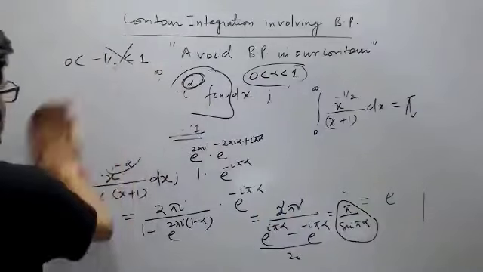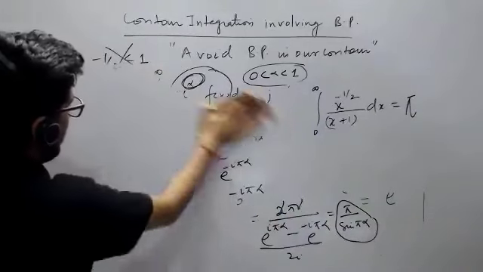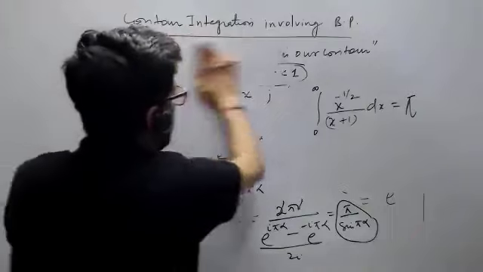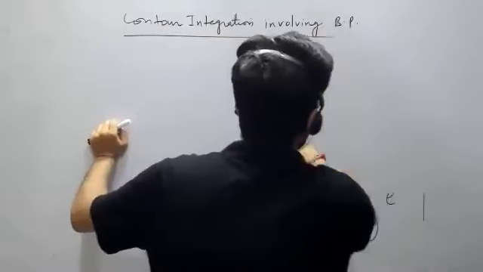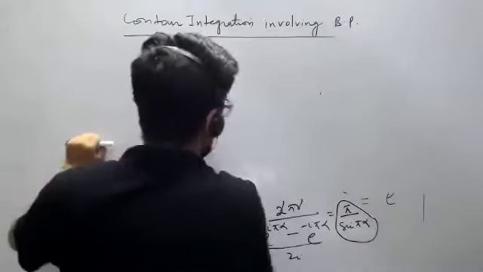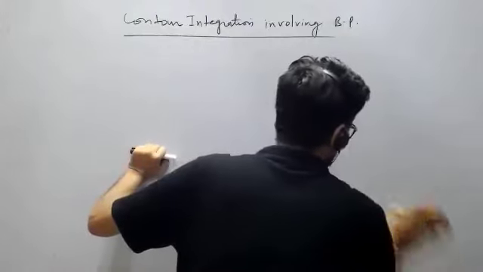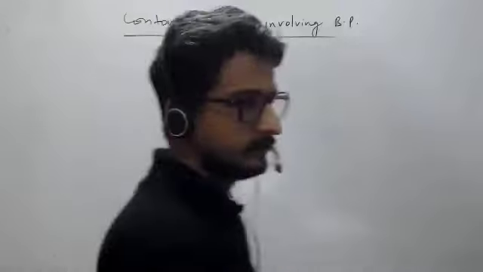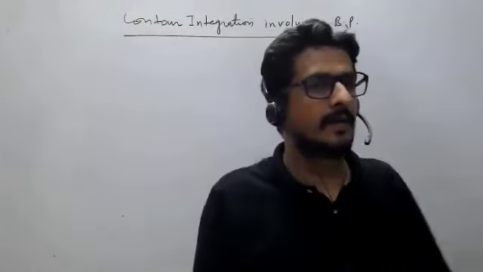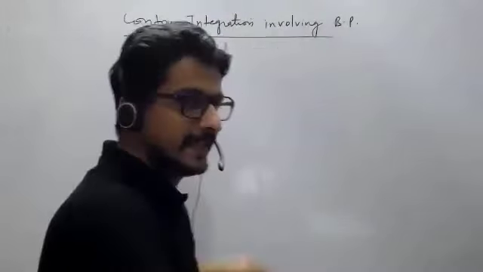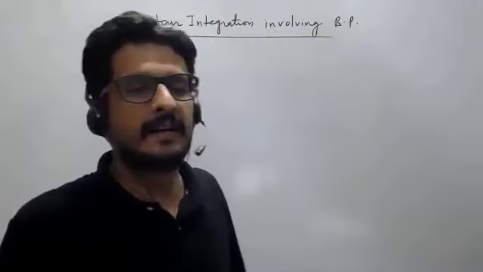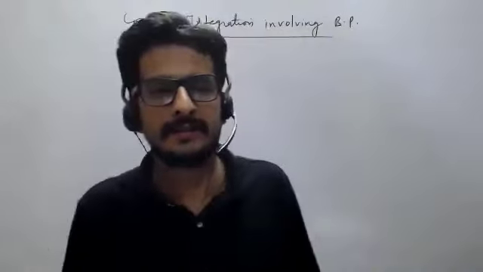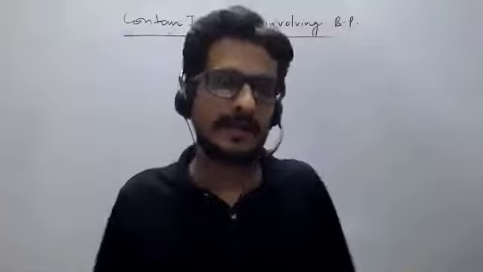Now this was one class, and this is not one question, I am telling you. This is a lot of questions. You can integrate it with any of your older questions. So that was A, integrals involving branch points, and the complete thing was algebraic.